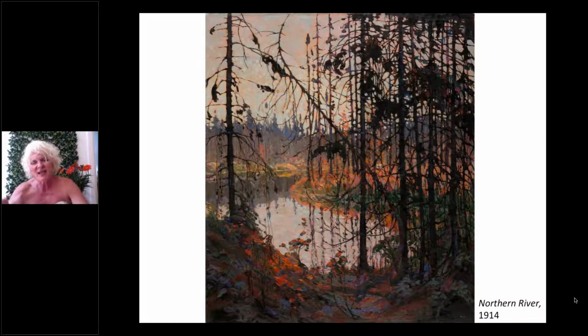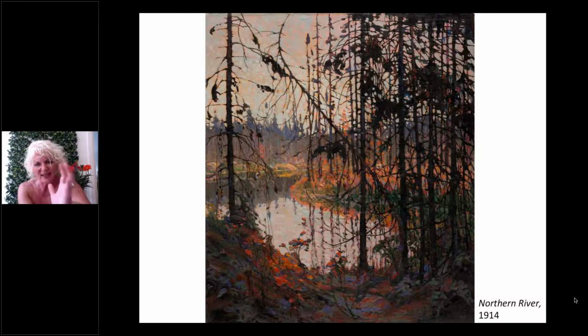The Group of Seven had their way of dealing with Algonquin. They had their means and measures for trying to capture its beauty. But I don't know, there's something about Thomson that is different in kind. Right from the beginning, I mentioned to you that there was something about his work that I find special and difficult to articulate and deeply personal.